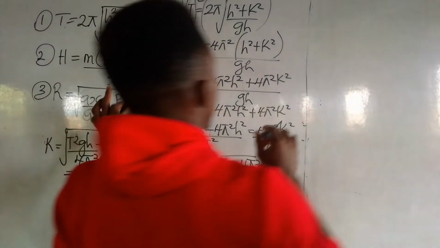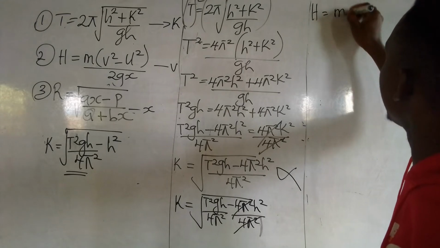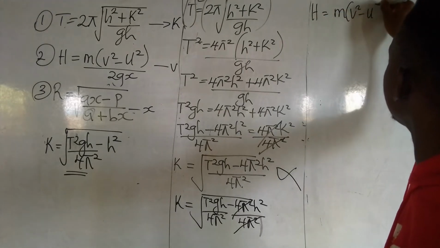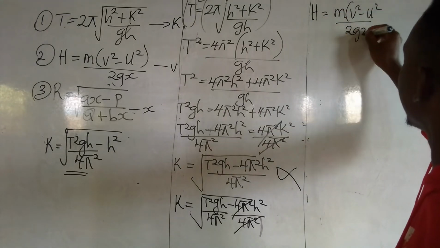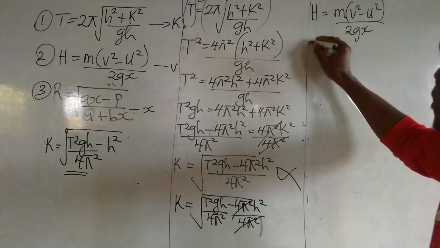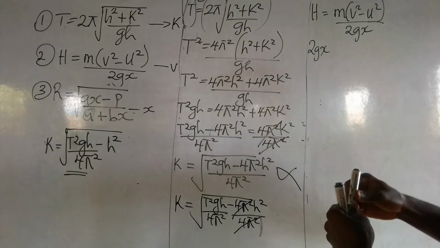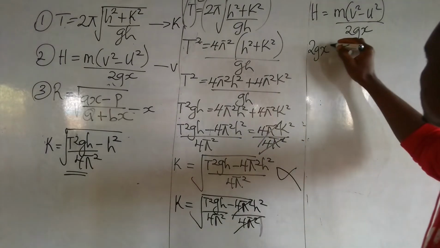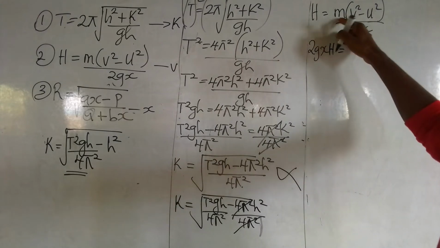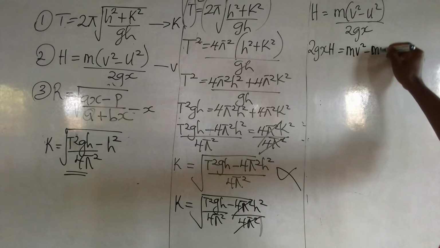Then you have number 2 as, you have h equals m open bracket v squared minus u squared over 2gx. First thing first, we cross multiply. Now we are having 2gxh equals, this will multiply everything inside the bracket, mv squared minus mu squared.